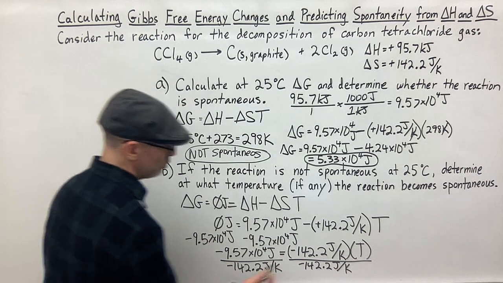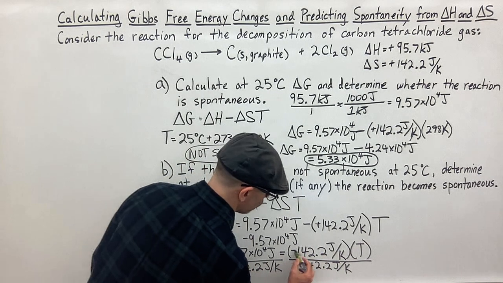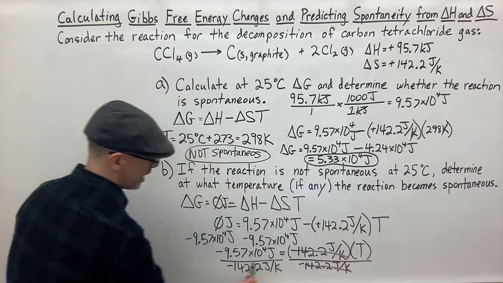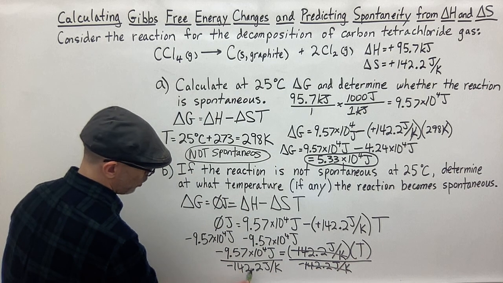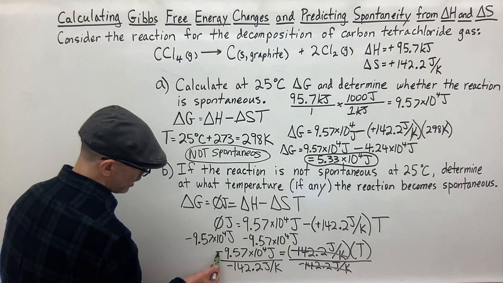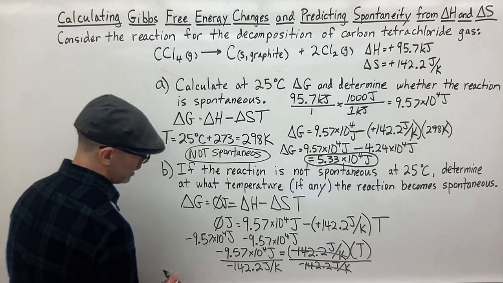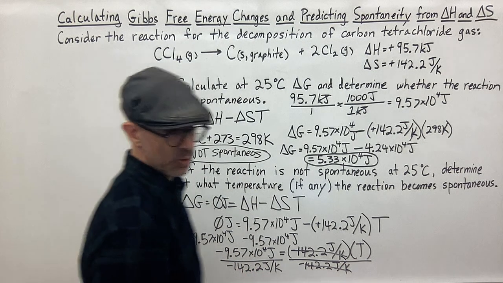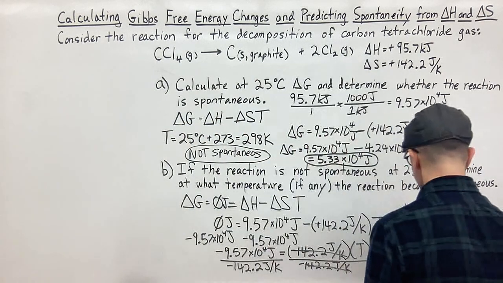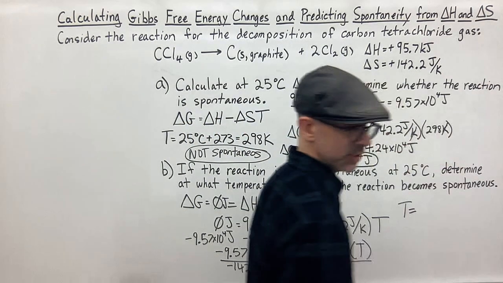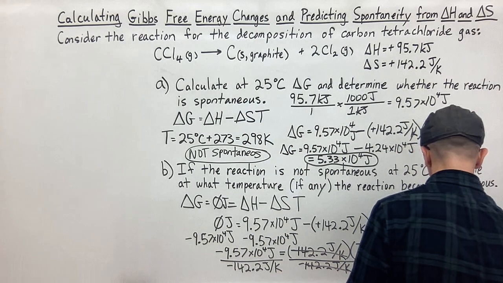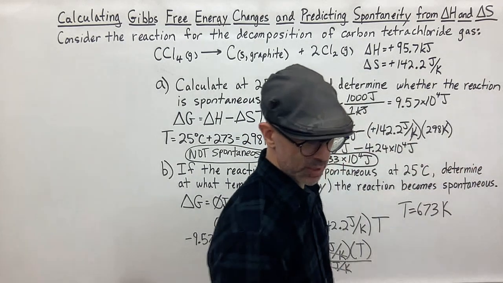And so now this cancels out, this cancels out. We have T for temperature on this side. And now we just divide this together. The negative and negative are going to cancel out. And so when we divide that, we get, what did I get? Temperature is equal to 673 Kelvin. Double check that, 673.